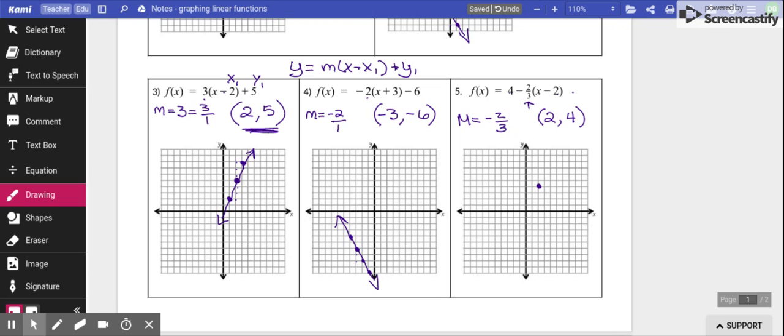From my starting point, I'm going to move my slope, -2/3. So I'm going to go down 2 over 3, or I can go in the other direction, up 2 over -3. And there is my line.